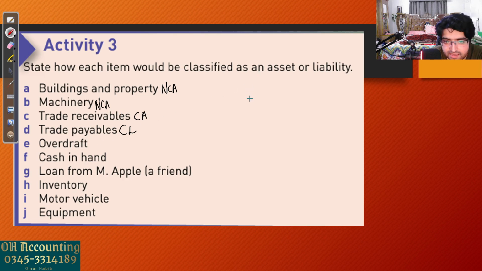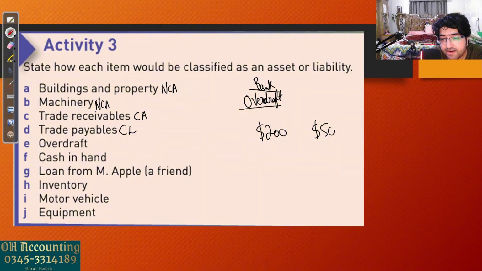Overdraft. Okay, what is an overdraft? This is a bank overdraft. I don't think I've discussed this before. So bank overdraft is simply a short-term loan from the bank. Let's say you went shopping, you had only $200 in your bank account, but you wanted to buy something which was worth $500.